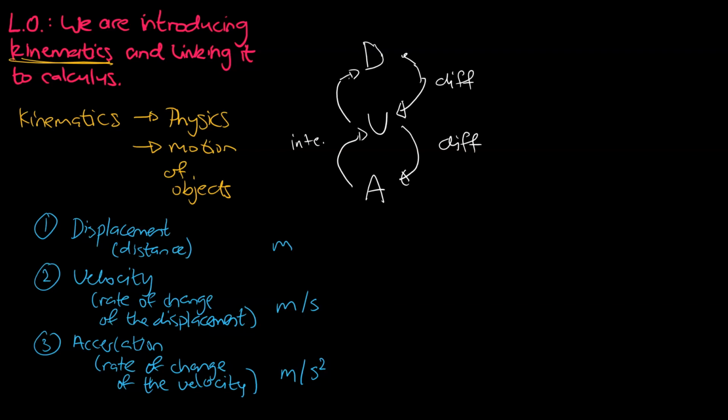And you can go from acceleration to velocity by integrating. But just a reminder, you will have that annoying plus c. And just again, you can go from velocity back to displacement also via integration. But once again, you're going to have that annoying plus c. So for these ones here, the integration, you typically need more information to be able to figure out what that c value actually was.